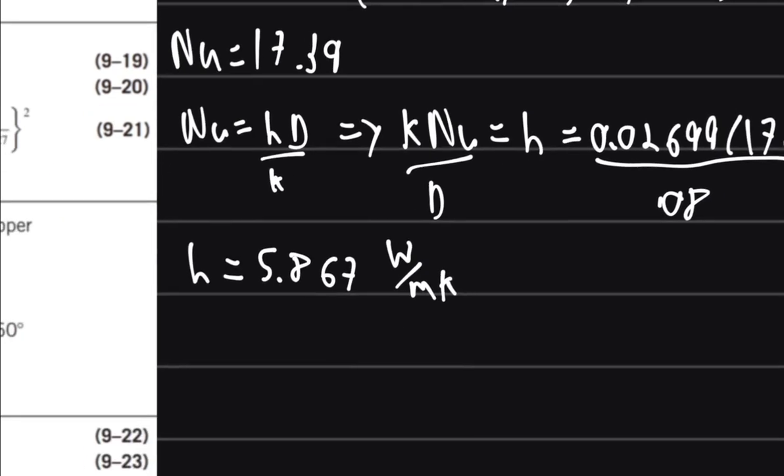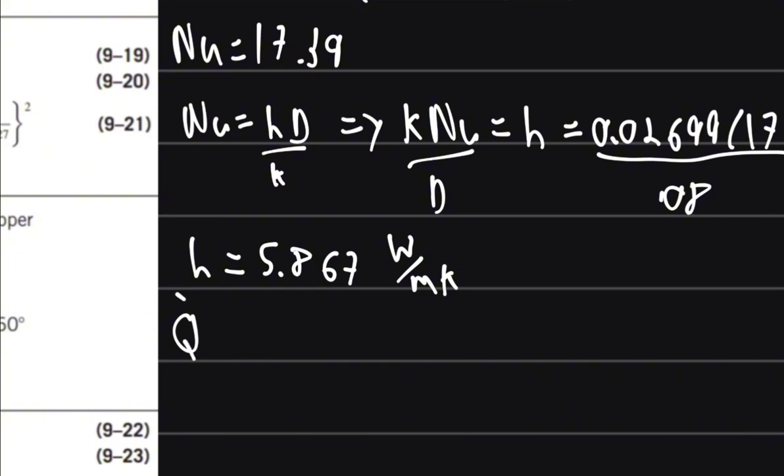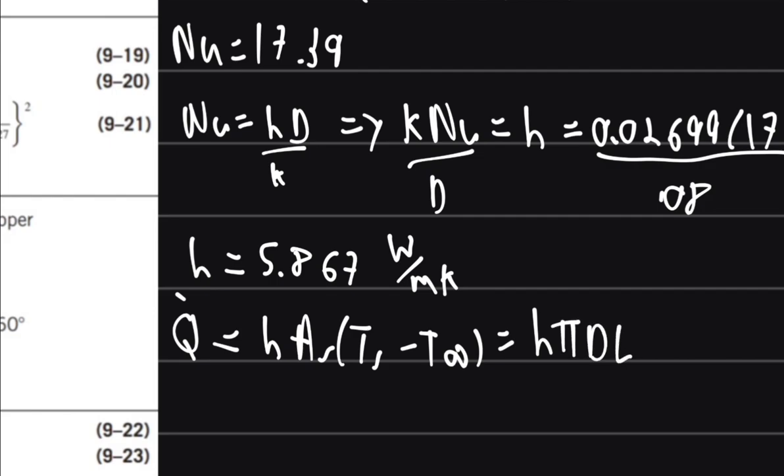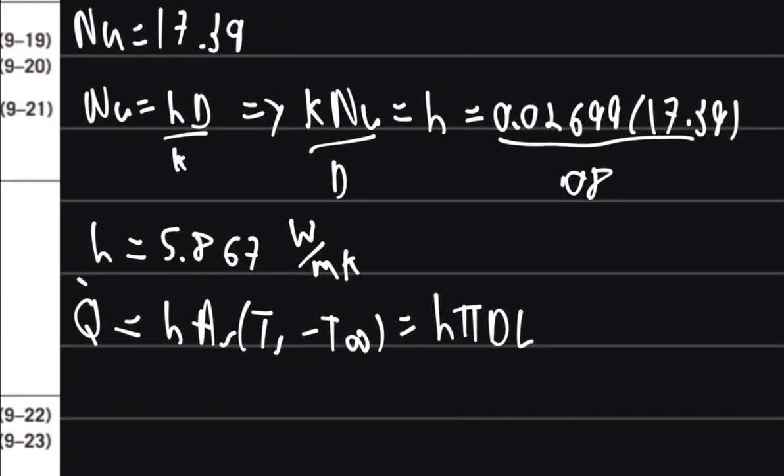Now we just get Q. The formula for Q dot, the exact same as it's been since the start of heat transfer, is h times the surface area times the surface temperature minus T infinity. So this is a cylinder, so the surface area is pi d times L. Then times Ts minus T infinity.